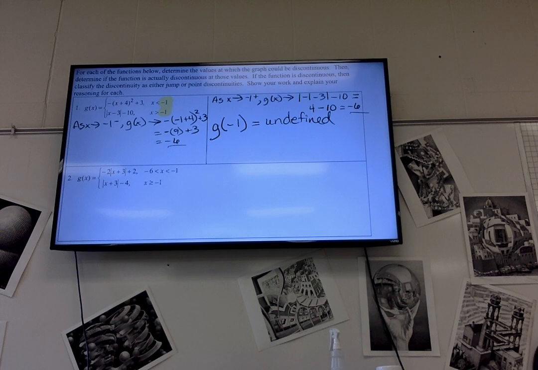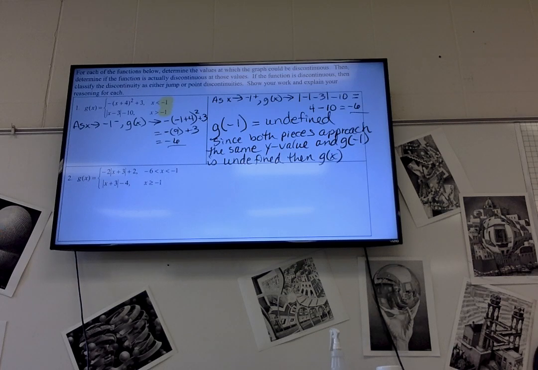So we would say since both pieces approach the same y value and g of -1 is undefined, then g of x has a point discontinuity at x equals -1.